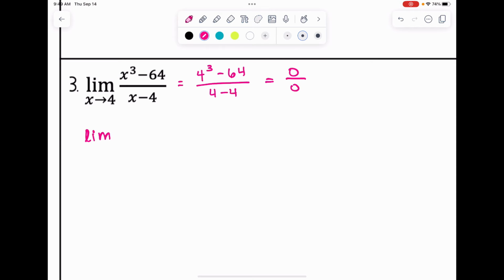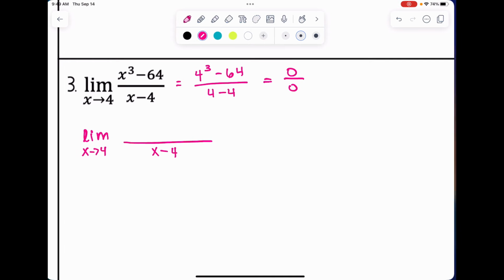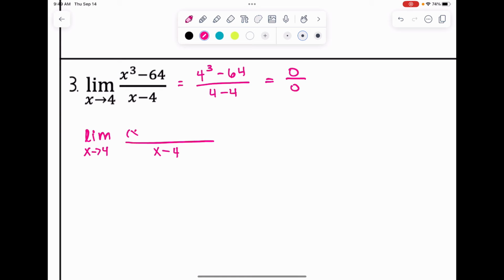So this is equal to the limit as x approaches 4 over. Denominator we're going to leave alone. The numerator we're going to factor out an x minus 4, and that will leave us with x squared plus 4x plus 16. That's because we have a difference of 2 cubes in the numerator.